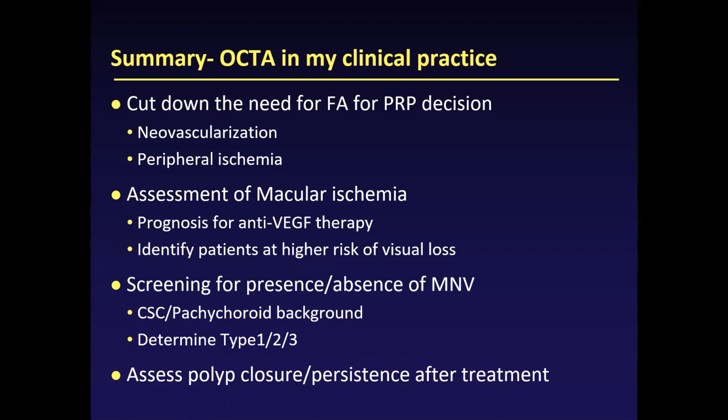It allows me to screen for the presence or absence of neovascularization, particularly useful in eyes that have a background of central serous, as well as those non-exudative eyes, especially in the fellow eyes of patients already presenting with unilateral active CNV. And finally, after initial course of treatment, it is useful to assess polypoidal closure or persistence of the network, even when the fluid has dried up.